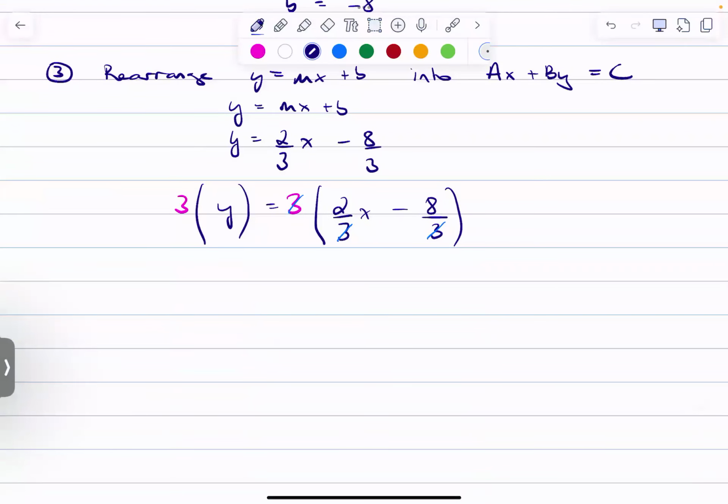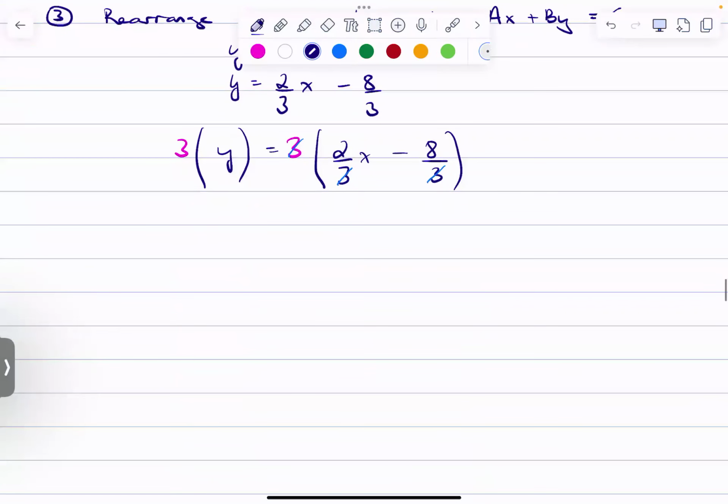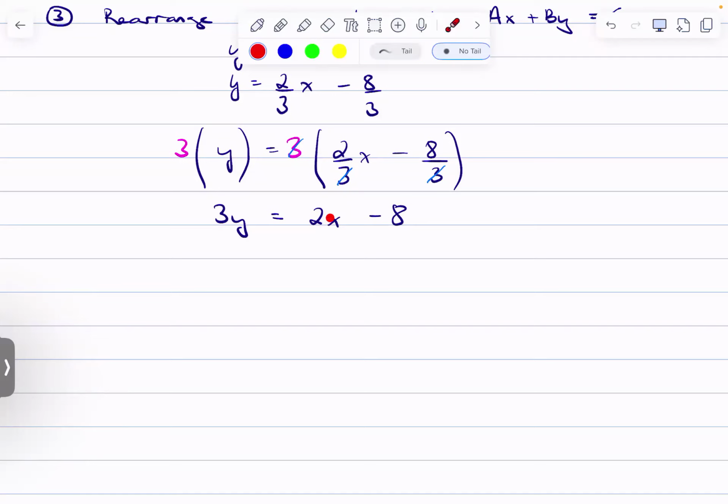Now, we're so close. 3y is equal to 2x minus 8. But I want this in the form ax plus by is equal to c. And so I'm going to first move this 2x, so subtract 2x on the left-hand side. Okay. But I'm also going to put it in the front so that I have it in the right order right away.